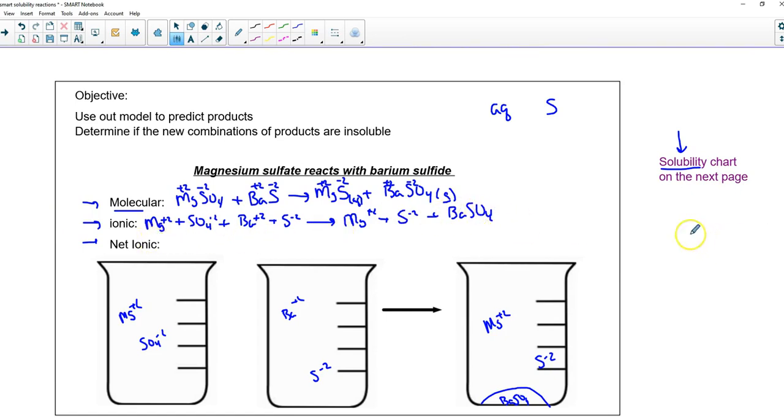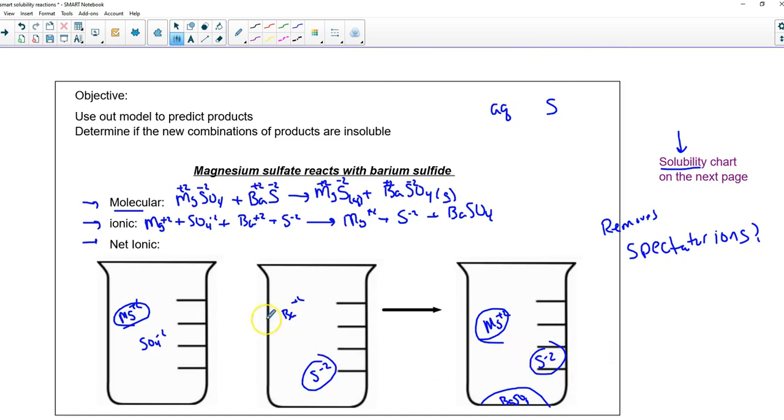Net ionic removes spectators. So it removes what's called spectator ions. What are spectator ions? They're the ones that didn't do anything. So the magnesium is a spectator ion, it didn't do anything. The sulfide is a spectator ion, it didn't do anything. What actually happened?